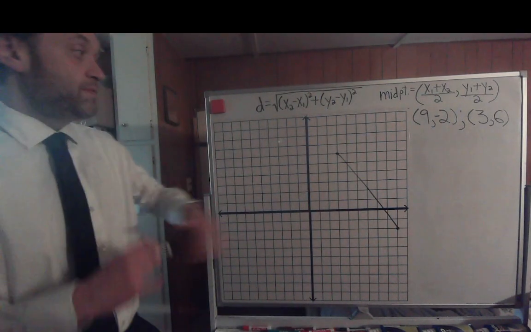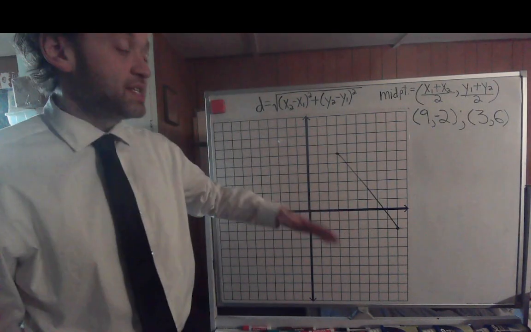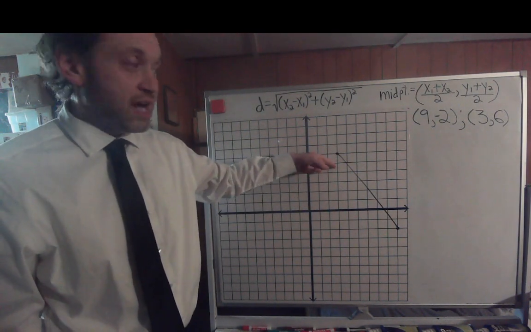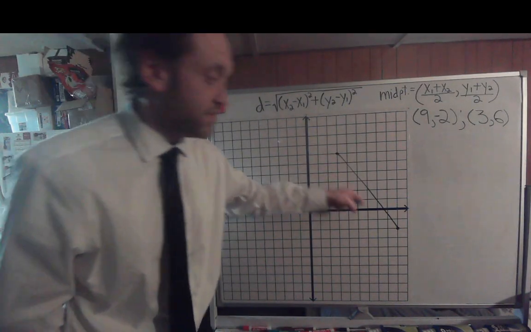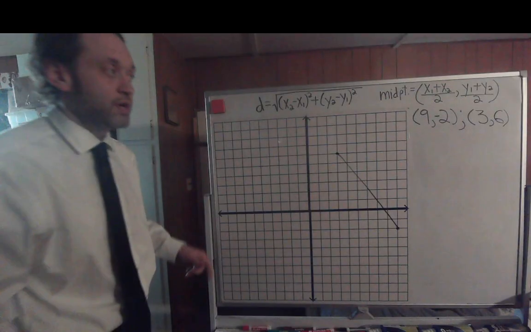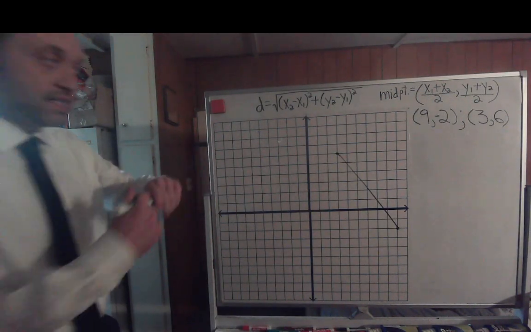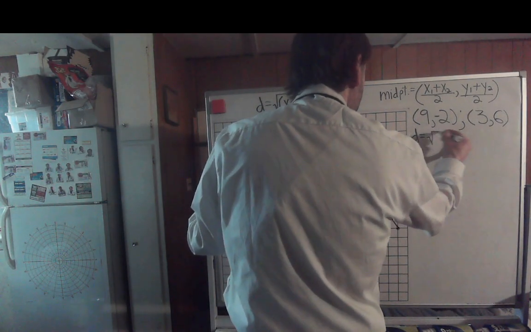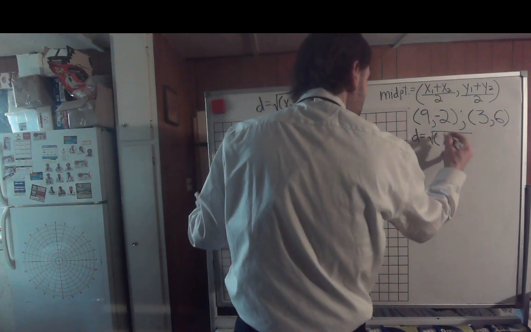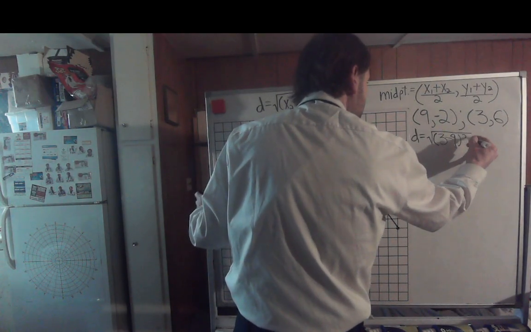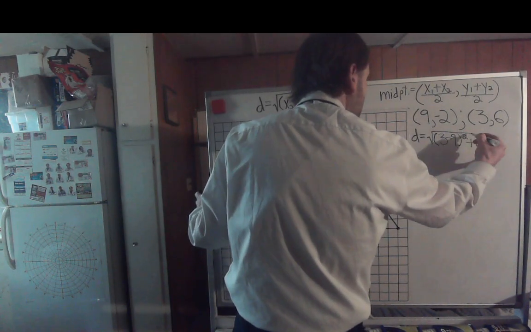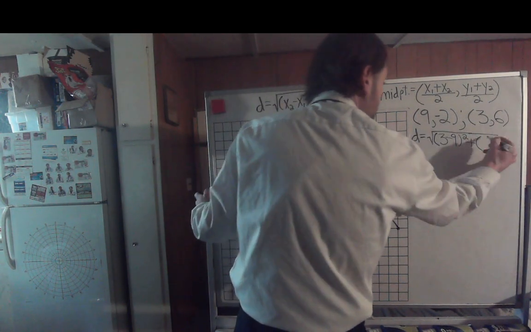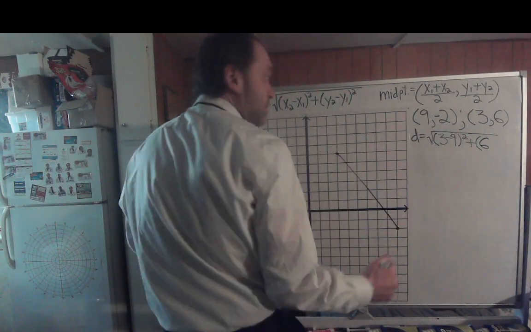So I'm finding the distance between the 2 points, and basically, in a graphical sense, I'm finding the length of this line segment here between the 2 points. So let's find the distance here. Let's input everything into the formula. That'll be the square root of our x2, which is 3, minus our x1, which is 9, all that raised to the second power, plus our y2, which is 6, minus our y1, which is negative 2.